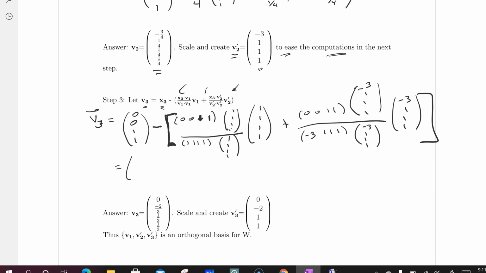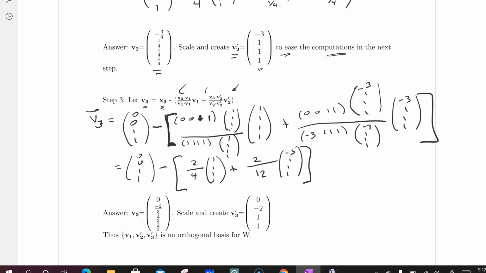Okay, so here I have (0, 0, 1, 1), and I'm going to be subtracting off. This dot product here will give me 2, and the denominator will give me 4, times (1, 1, 1, 1), plus this dot product here will give me a 2, and the dot product on the denominator, 12, and then times (-3, 1, 1, 1).